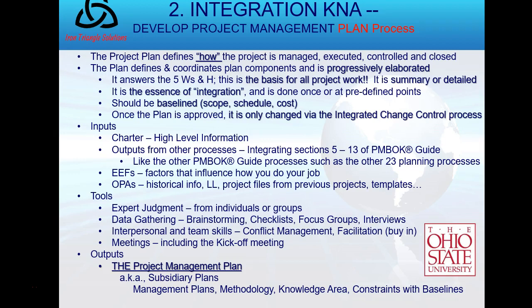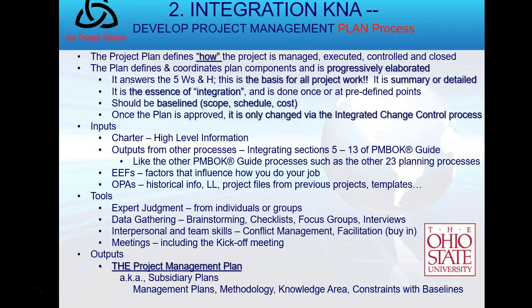Okay. I also have outputs from other processes as inputs here. What do I mean by that? When you look on page 25, you see all those processes. They're all being done simultaneously and largely independently. The cost team is doing the cost management plan. The business analysts are doing the scope management plan. Well, they may deliver my scope management plan and say, here you go, boss, this is perfect. And I'll say, whoa, because that does not match my budget at all.